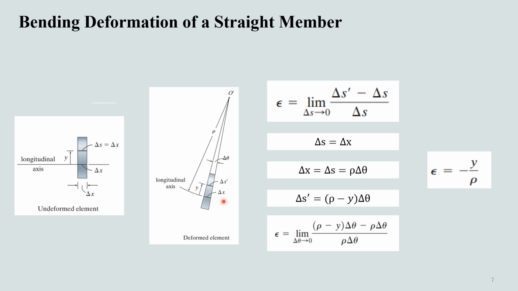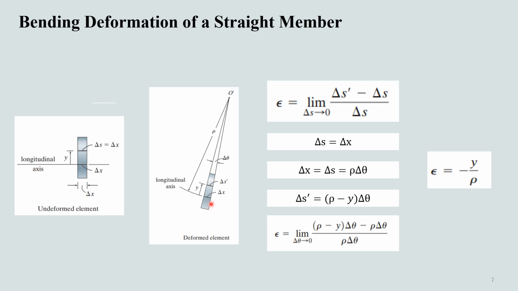What we are basically trying to say is that in the original configuration, del x and del s were equal, and even in the deformed configuration, del x is equal to rho into del theta, so del s is also equal to rho into del theta.